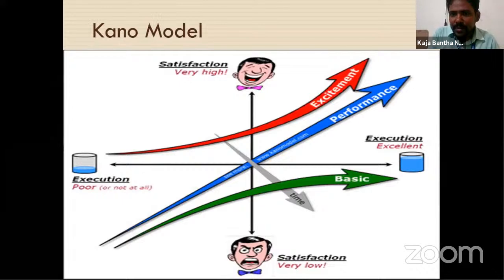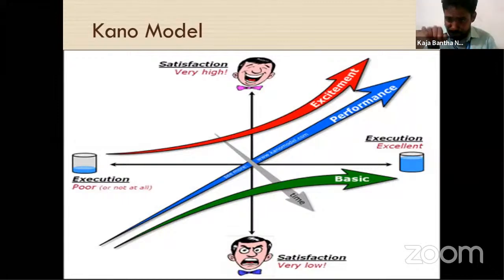In the Kano model there are three lines. Companies execute from very poor to excellent, and parallelly measure customer satisfaction, from very low to delighted, very high satisfaction.